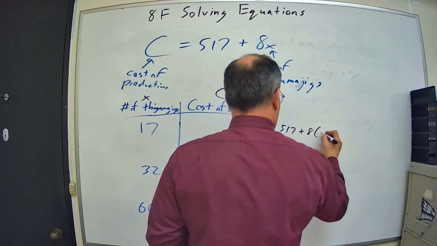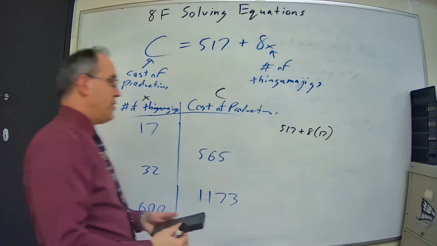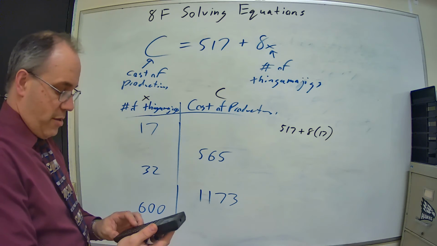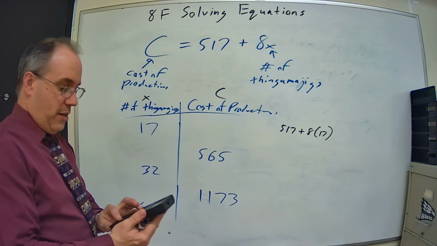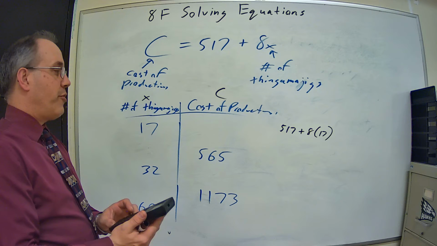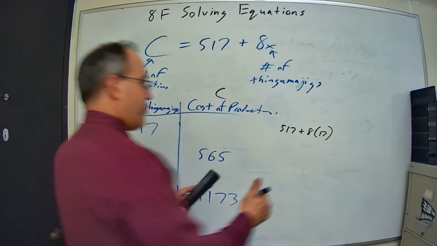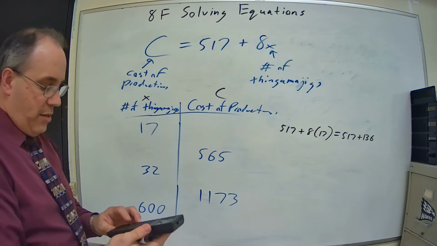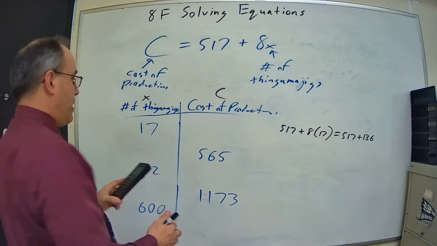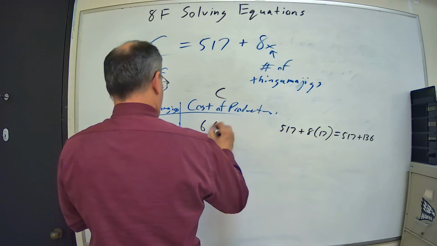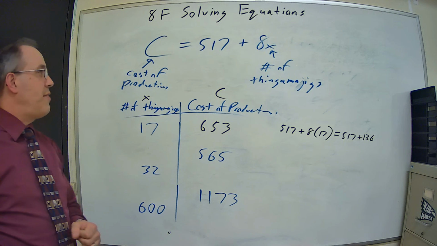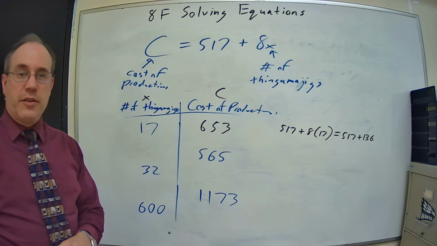Remember, order of operations says multiply and then add. So 8 times 17 gives us 136. So 517 plus 136, and we get $653 is what it costs to produce 17 thingamajigs.